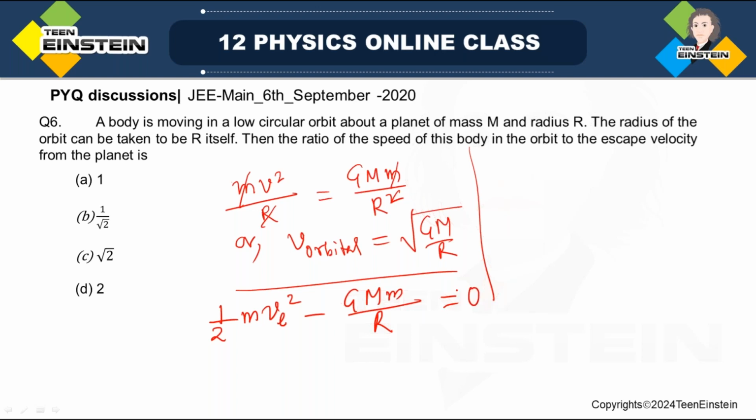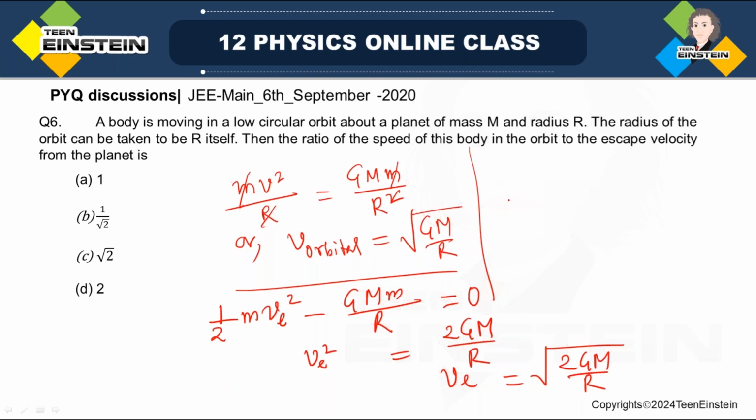This is equal to 0, because at infinity the potential energy is 0, and there will be no kinetic energy as well, no velocity. Now v square is equal to 2GM by r, so v e will be square root of 2GM by r.